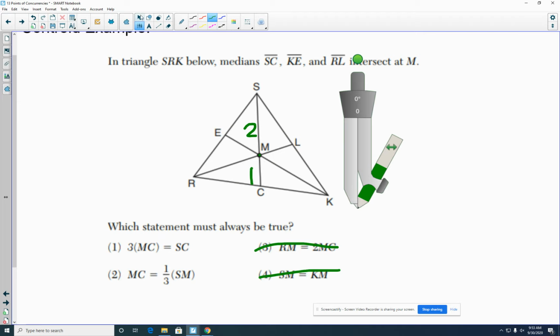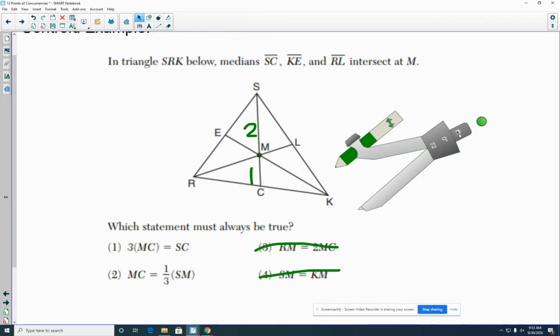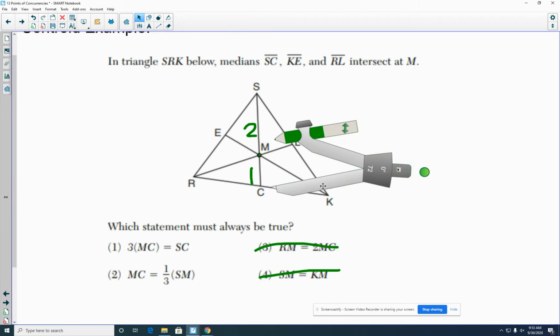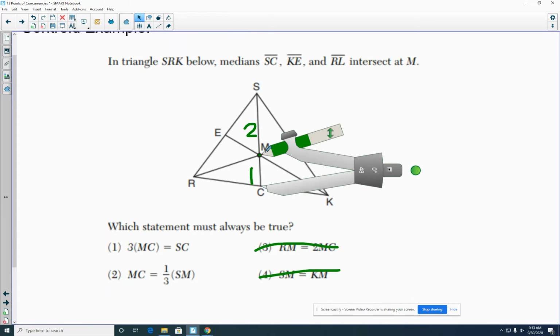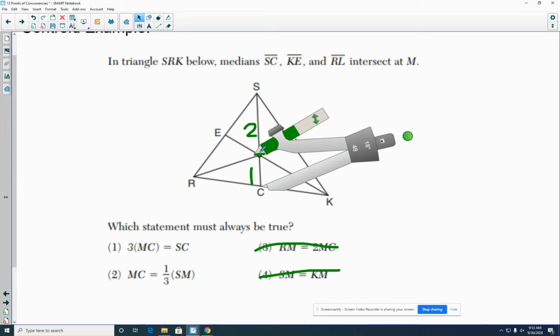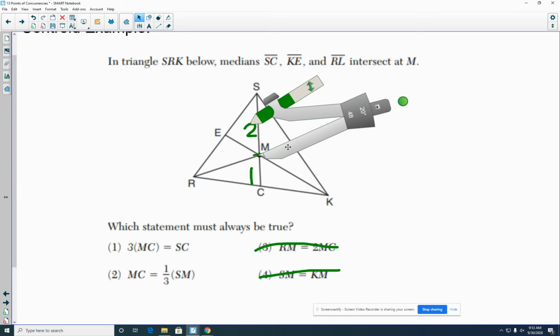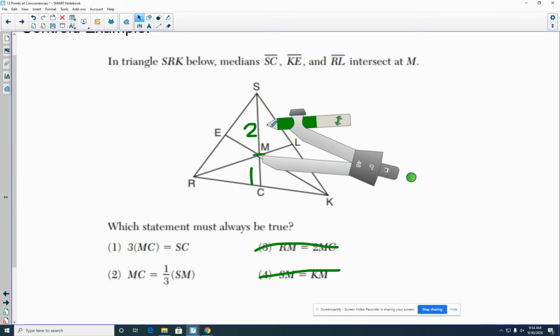So let's actually see. If I take MC, how many MCs are along this whole thing? So we have 1, okay. Then we have 2.